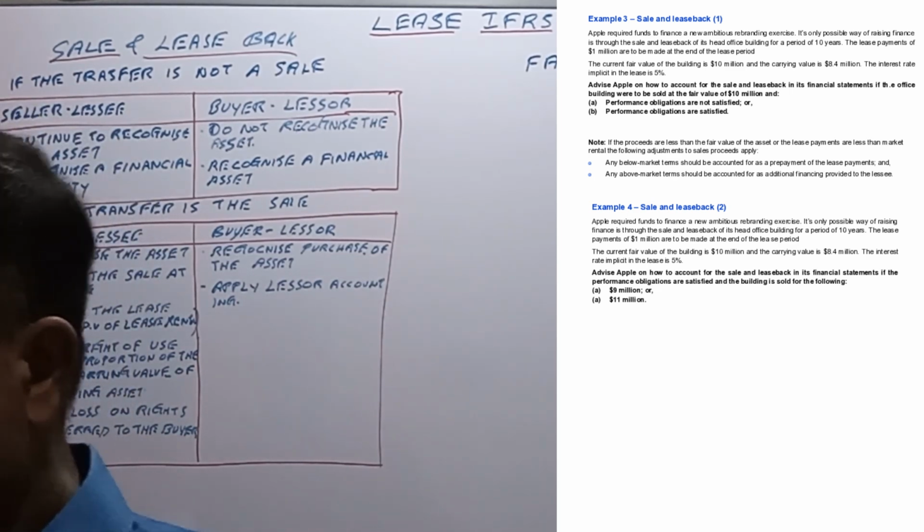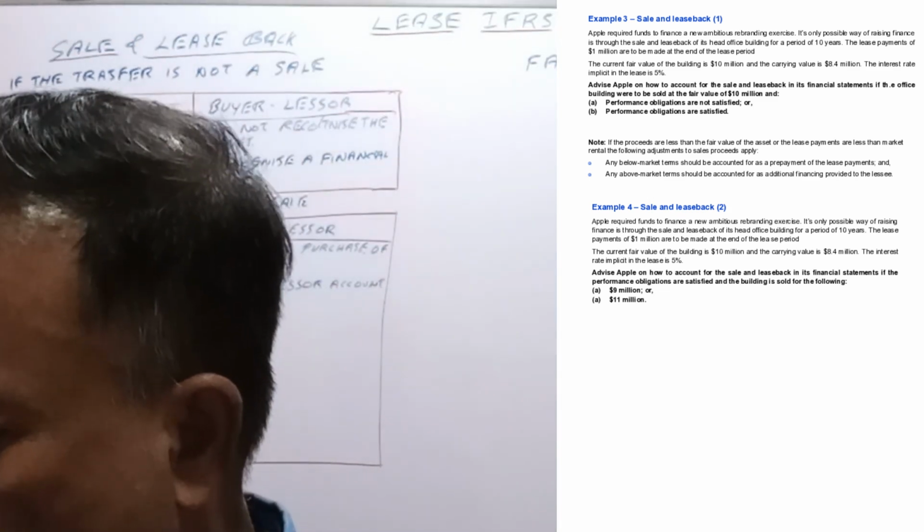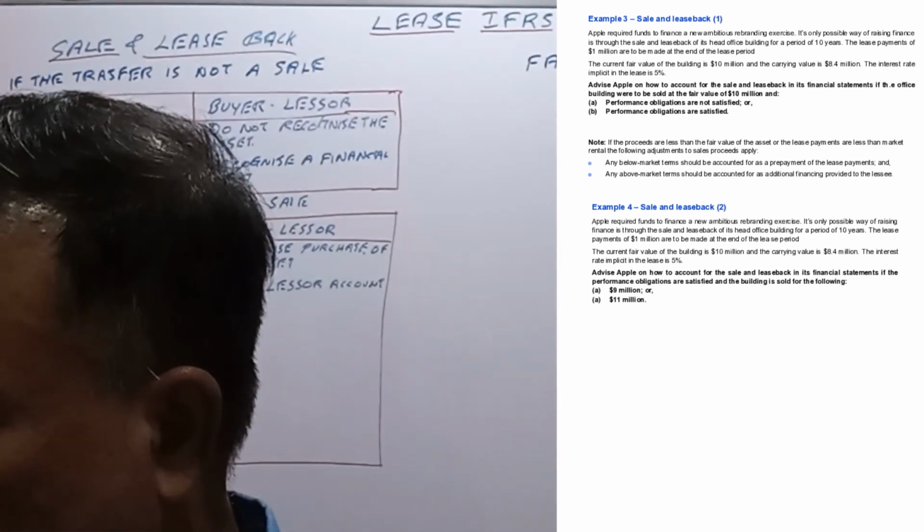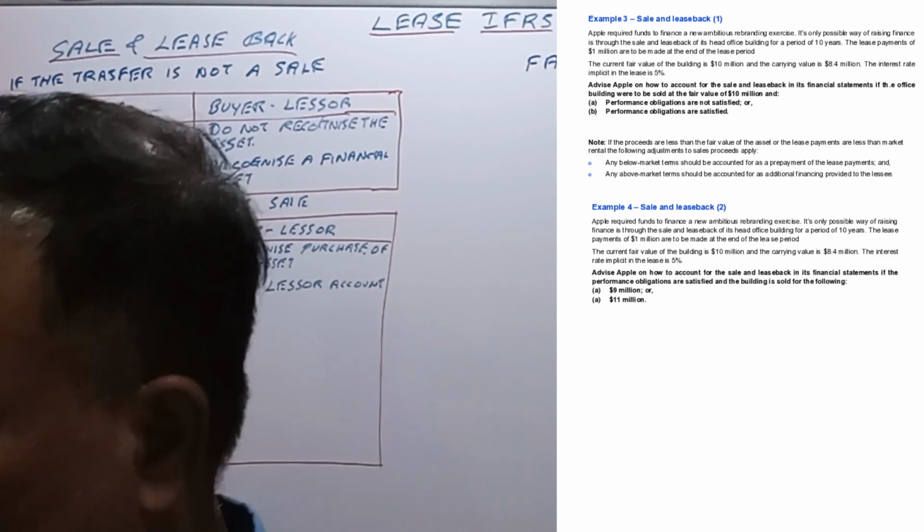The lease payments of 1 million are to be made at the end of the lease period.